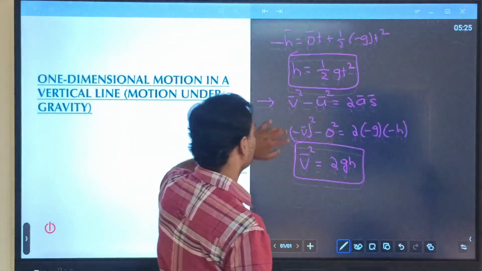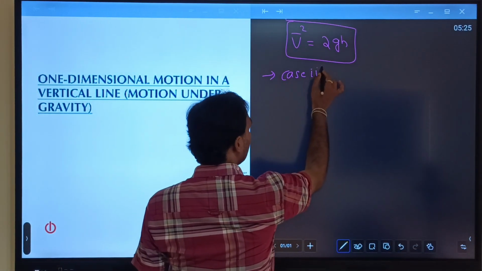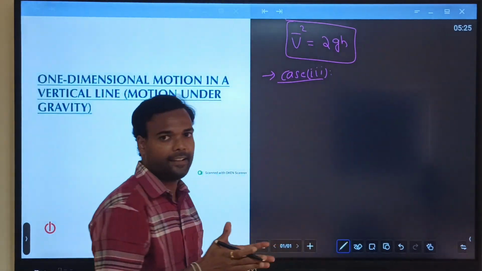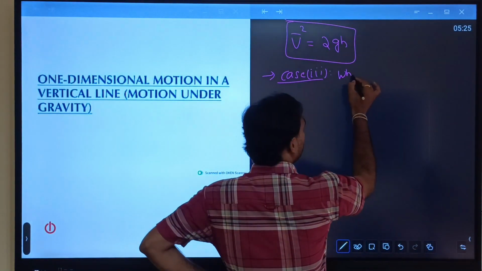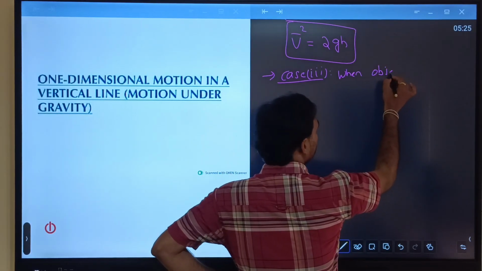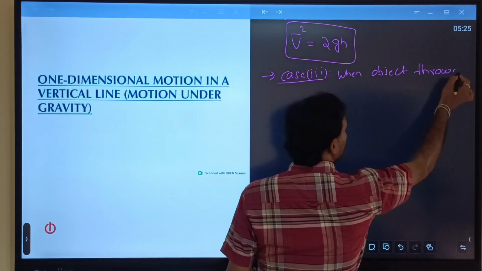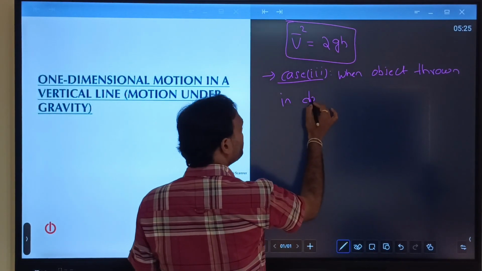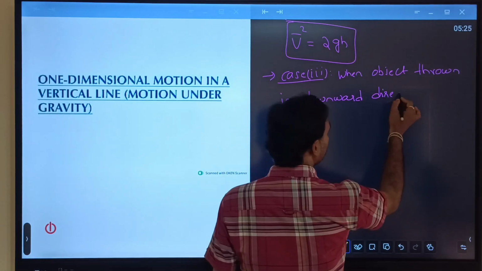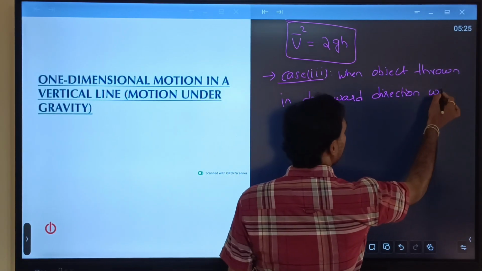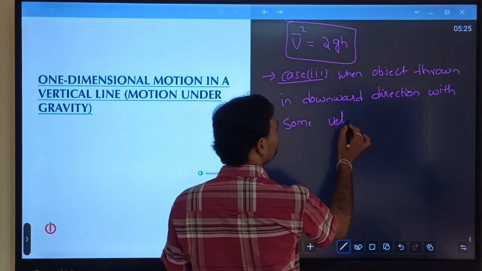And now case 3, let us see case 3. In this case, let us assume the object is thrown in the downward direction with some velocity.